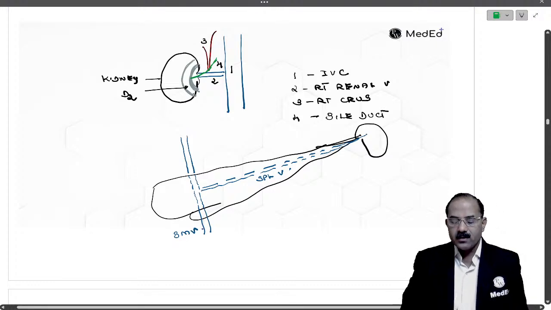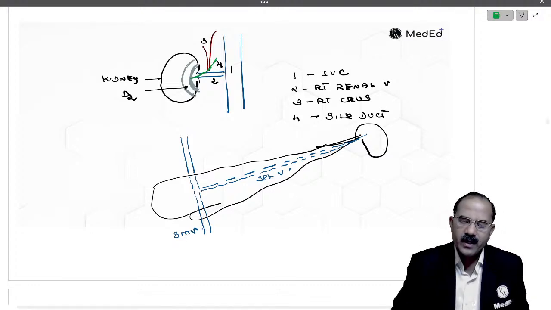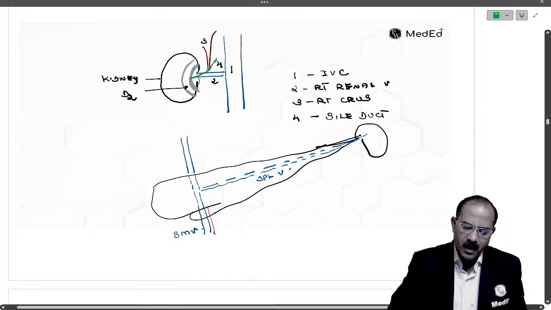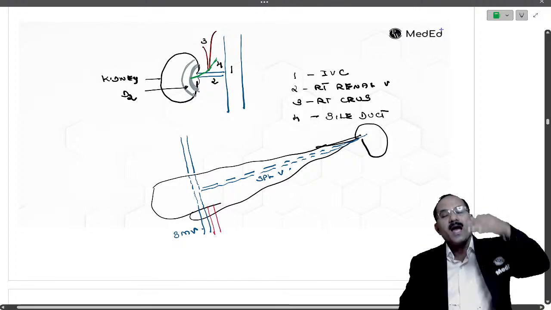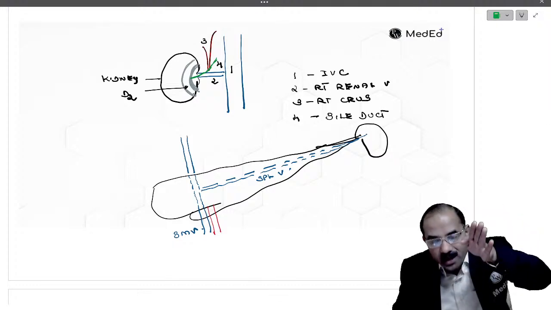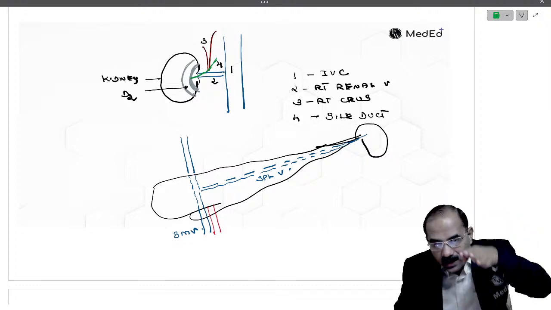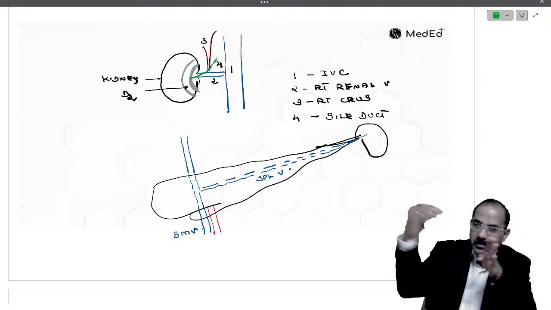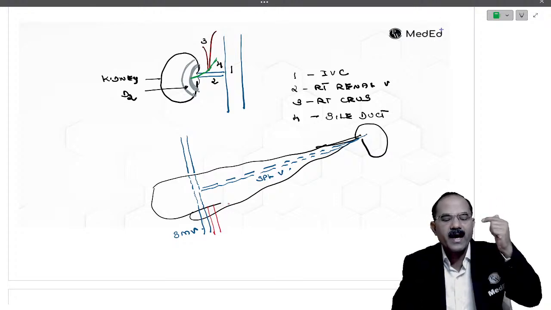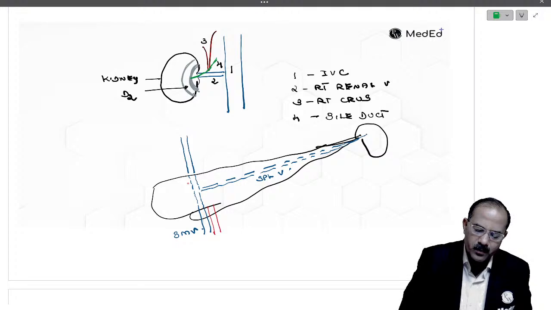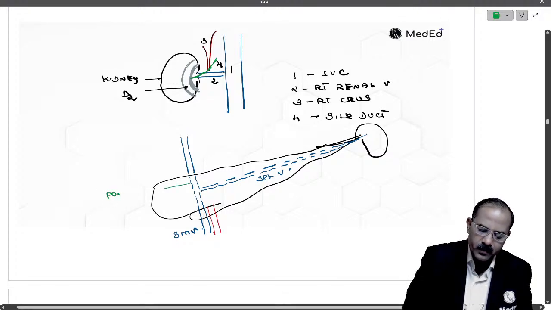So the superior mesenteric vein and the superior mesenteric artery are lying on the uncinate process, and the superior mesenteric vein goes behind the neck of the pancreas, while the splenic vein comes from this side. The superior mesenteric vein and the splenic vein join to form what? What is this vein? That's the portal vein, right?